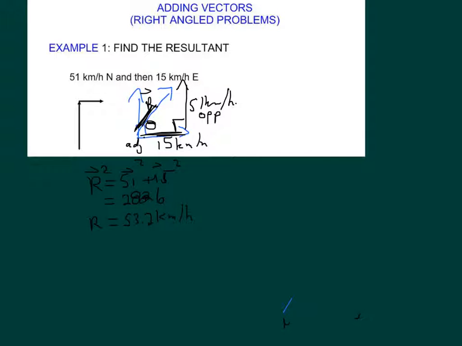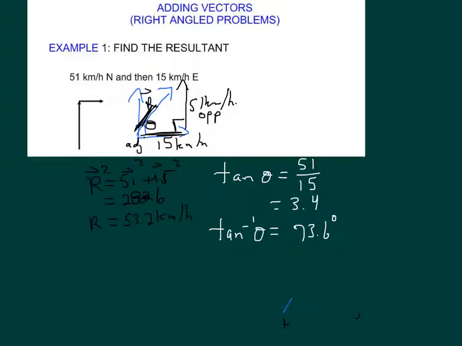And so if we were to use the tan ratio, we could easily find the value of the angle between them. So tan of theta is 51 over 15, which is 3.4. So using the inverse tan button on your calculator, you can calculate that angle theta is approximately 73.6 degrees.